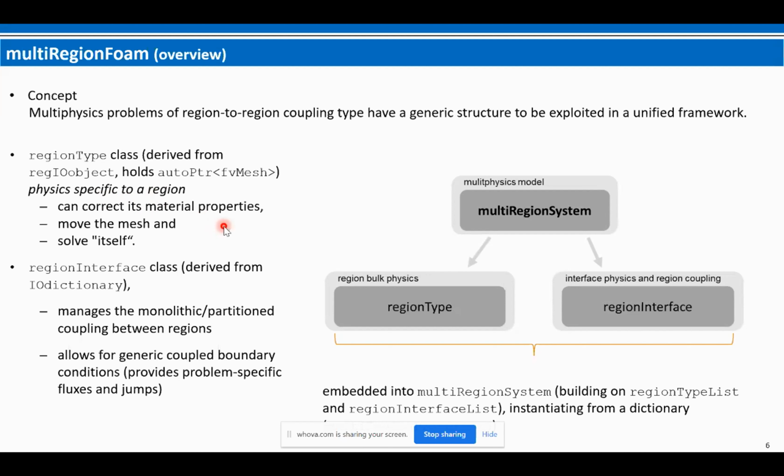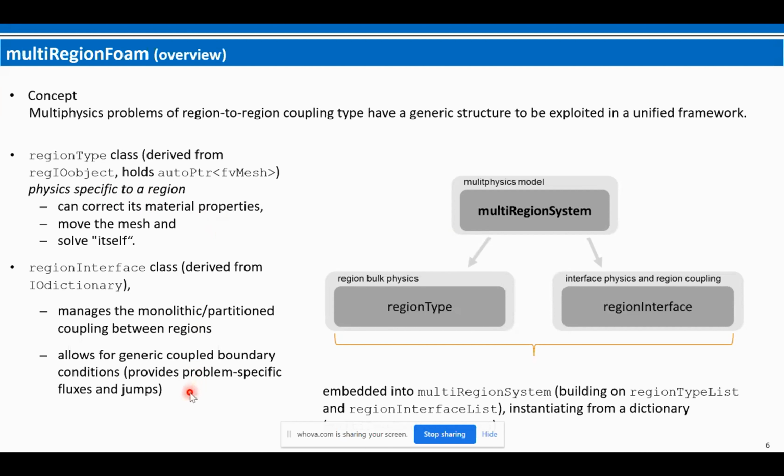The second fundamental class is the region interface class, derived from an IO dictionary. This one manages the coupling between the regions, which could be monolithic or partitioned. It also allows for generic coupled boundary conditions.